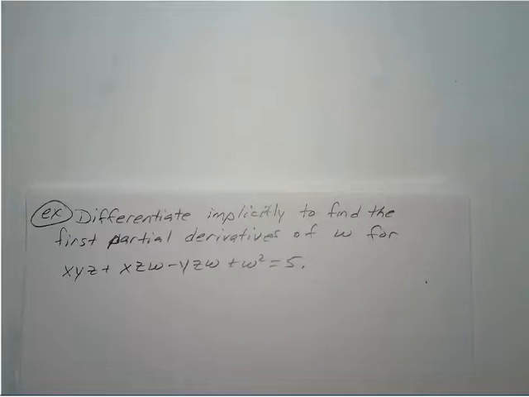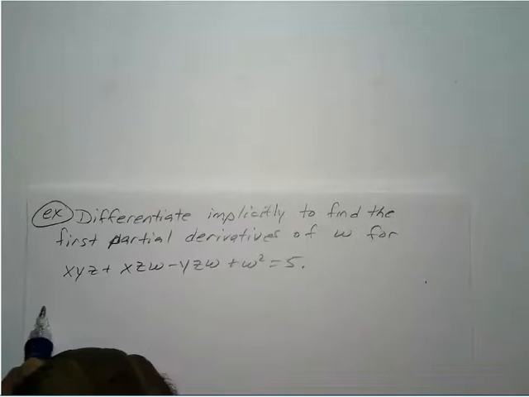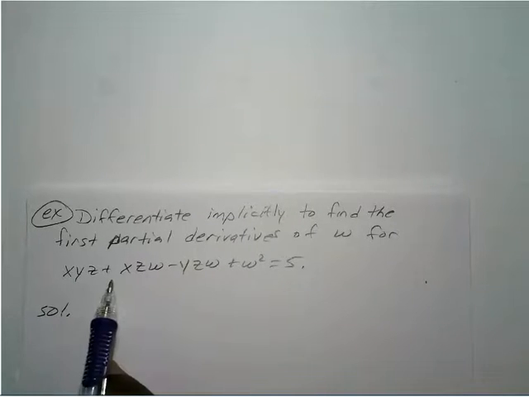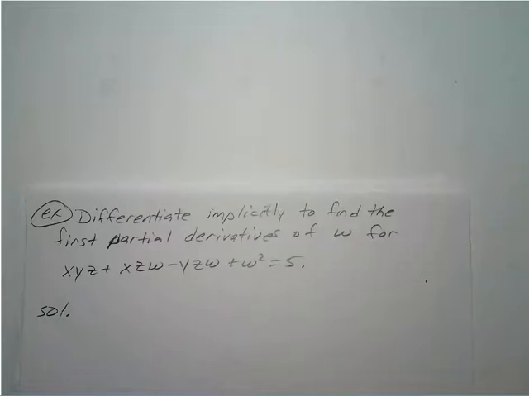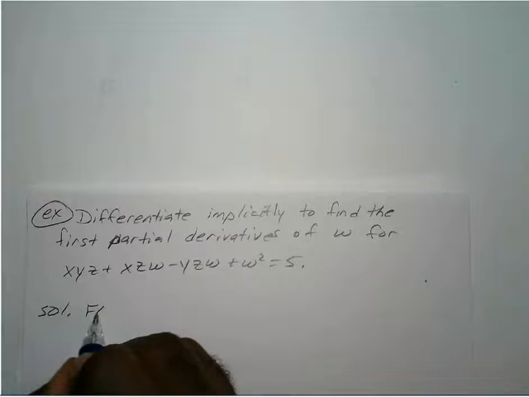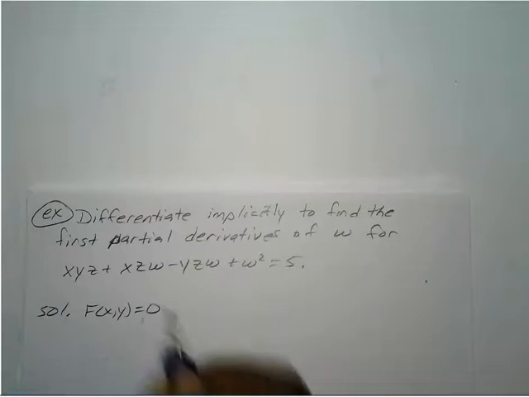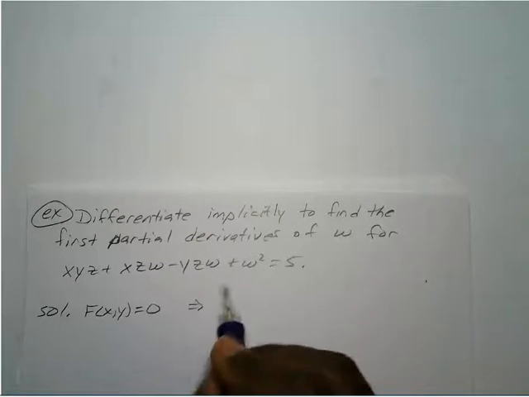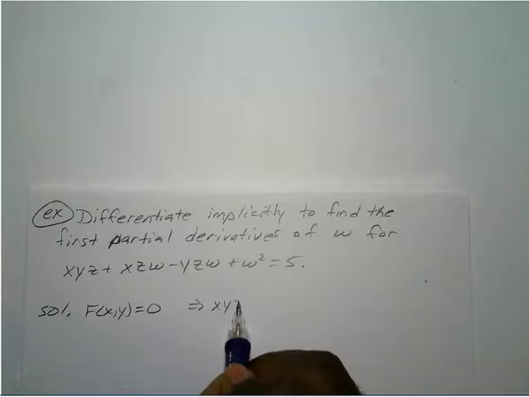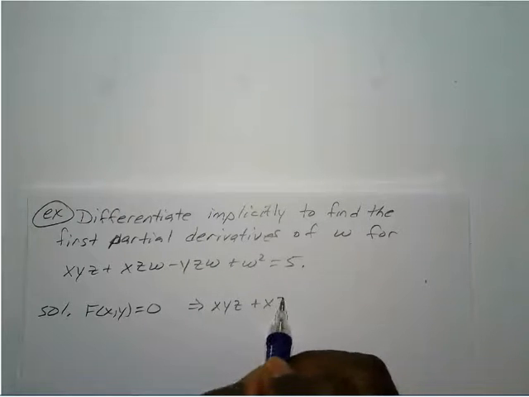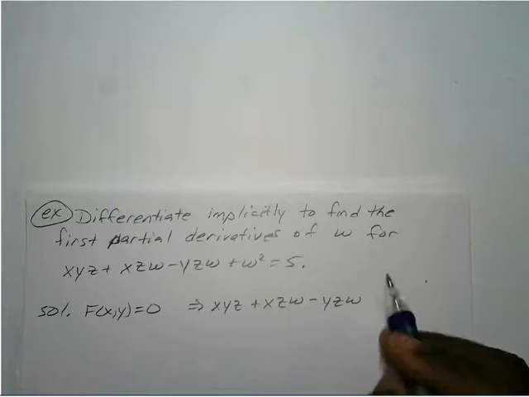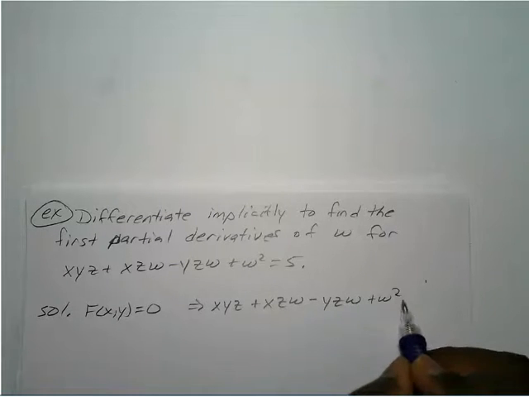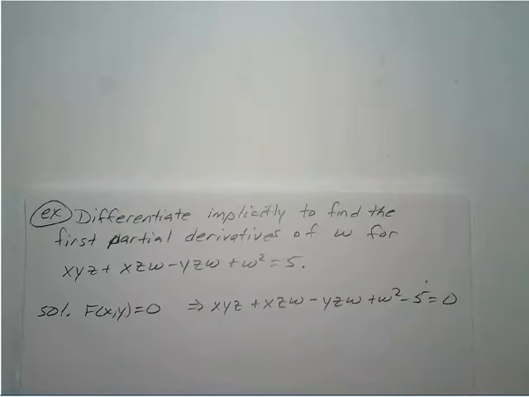All right, so just like before, remember your first step is remembering that your implicit function has to equal 0. Which means that xyz plus xzw minus yzw plus w squared minus 5 equals 0.